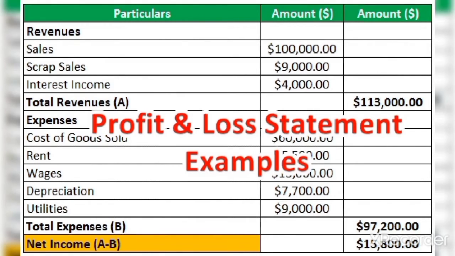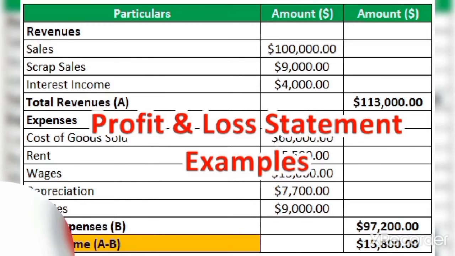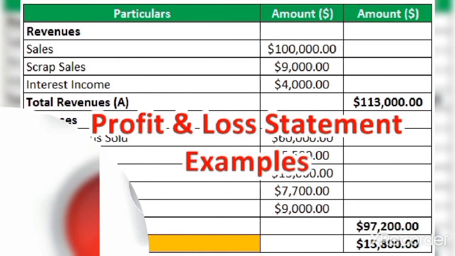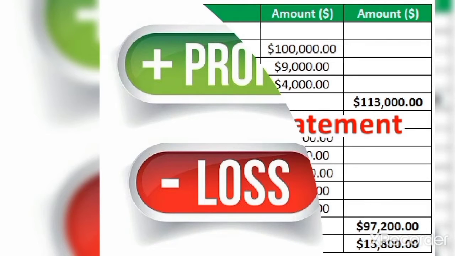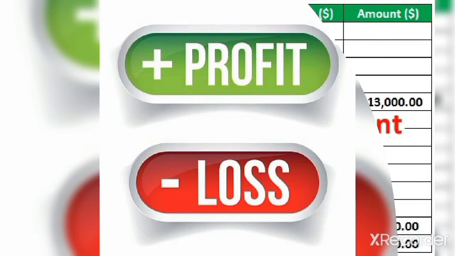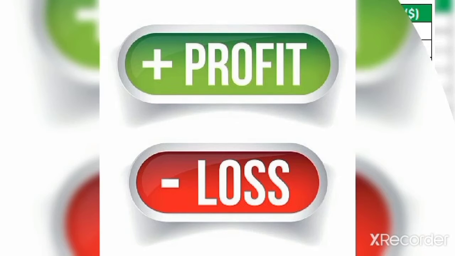But for profit and loss account, it is calculated to enable us determine our net profit or net loss. In transactions, definitely there will be a profit, and sometimes it could be bad and will have loss. So in profit and loss account, you do that to know your net profit or net loss.